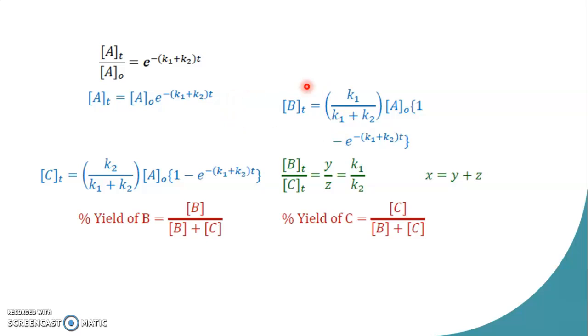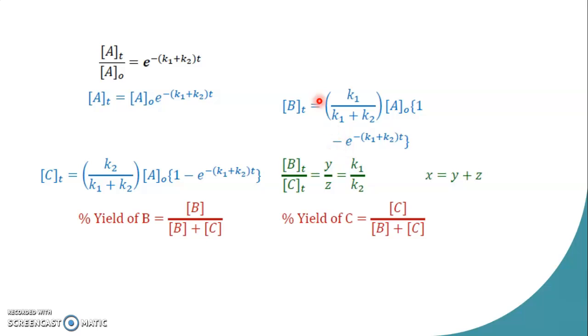Similarly, we can calculate the concentrations of B and C. Concentration of B is K1 by K1 plus K2 into A0 into 1 minus e raised to minus K1 plus K2 into t, and that of C is K2 divided by K1 plus K2 into A0 into 1 minus e raised to minus K1 plus K2 into t.